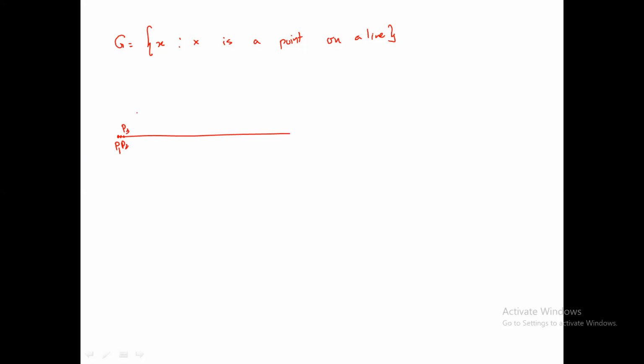Like this, if you see, there are many points on this line. You can't even count how many points are there. So because you cannot count how many points there are, there are infinite elements. So such a set is infinite set.